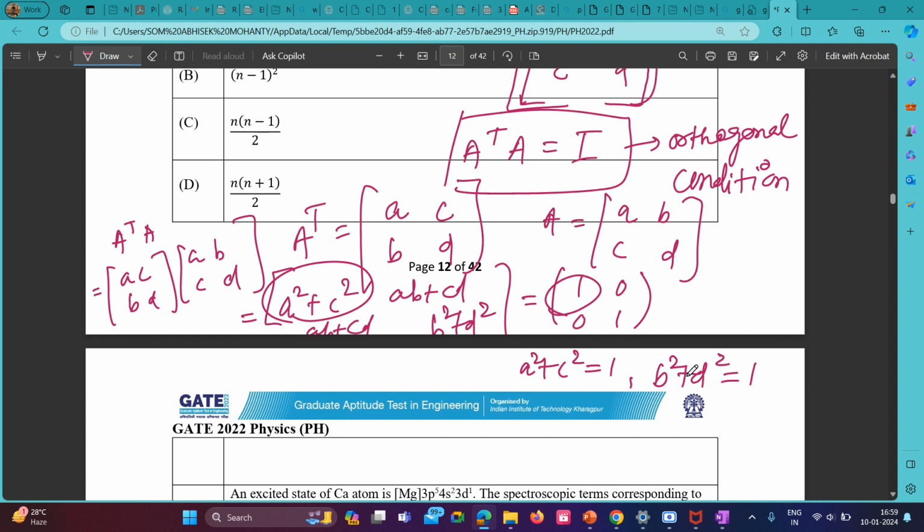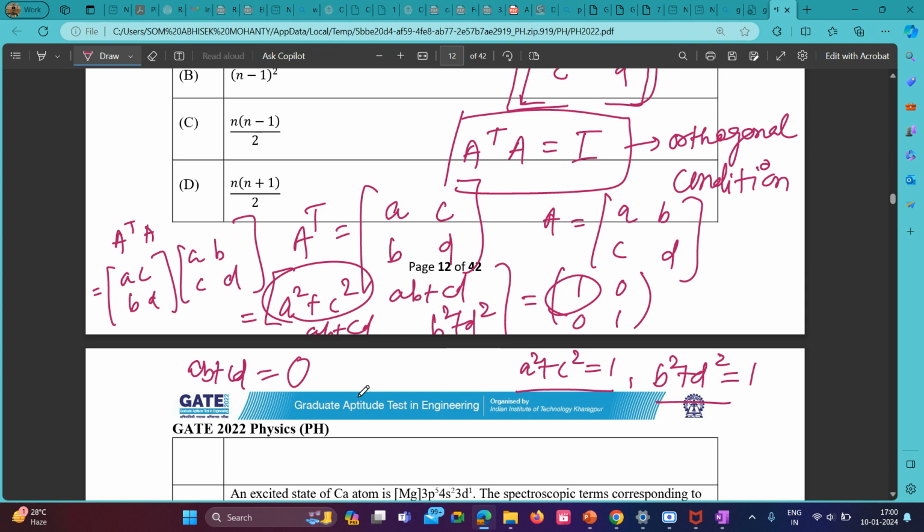So we can see here that there are two constraints on diagonal elements. That means this will make two parameters dependent. Now also we can write that ab plus cd is equal to how much? 0, right?